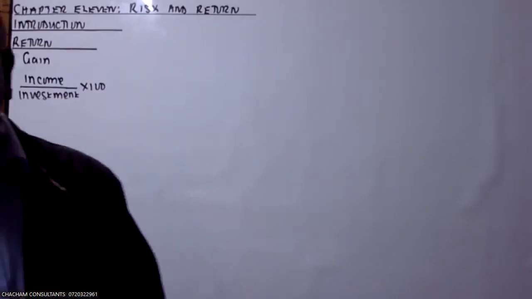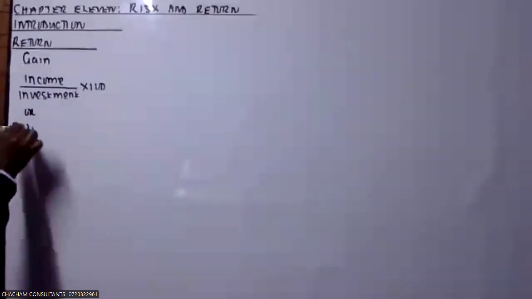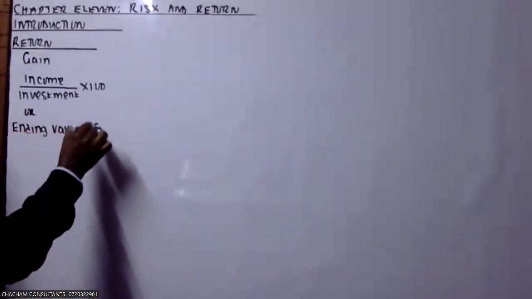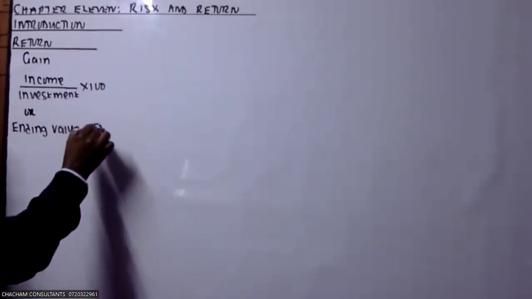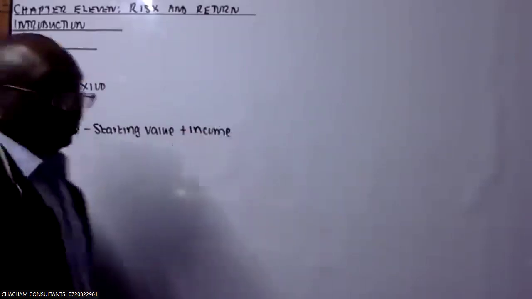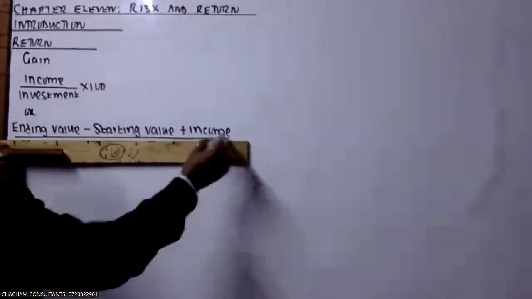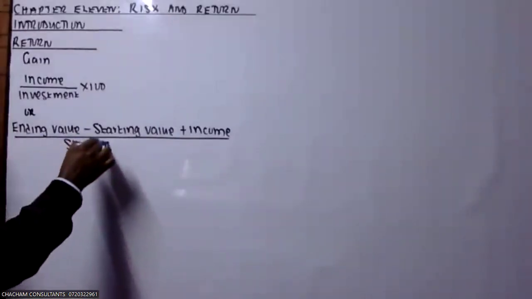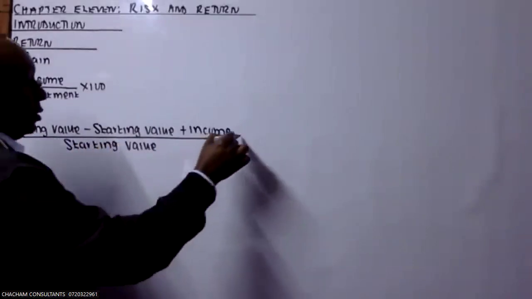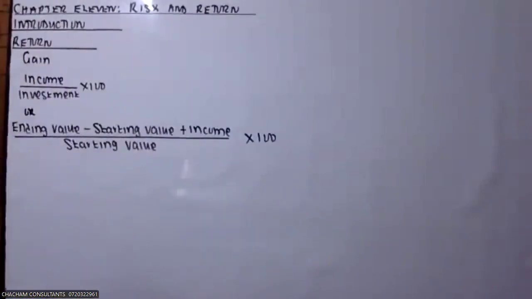Or, ending value minus starting value plus income, all this you divide by starting value, then times 100.